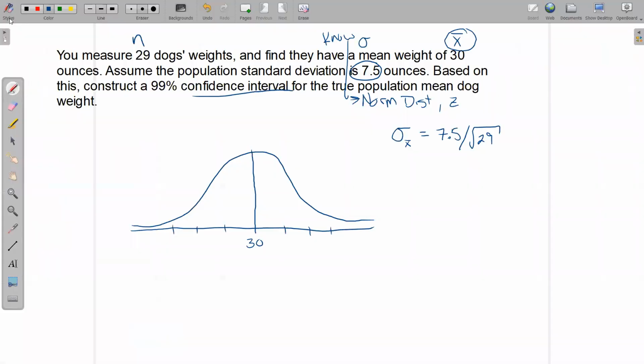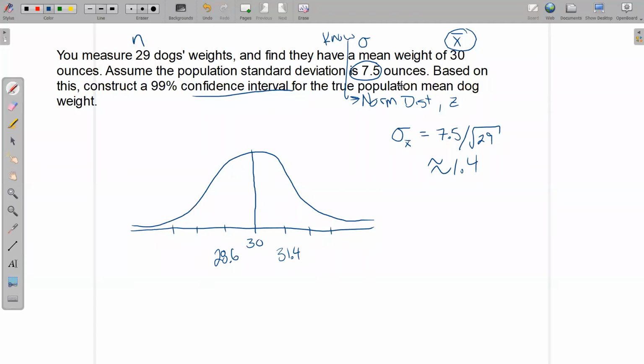Oops, there's my picture. So this comes out to be approximately 1.4-ish. So 1 standard deviation to the right would be 31.4. One standard deviation to the left would be 28.6.